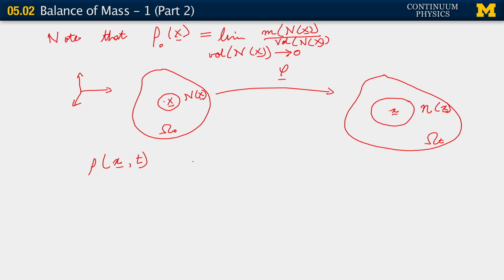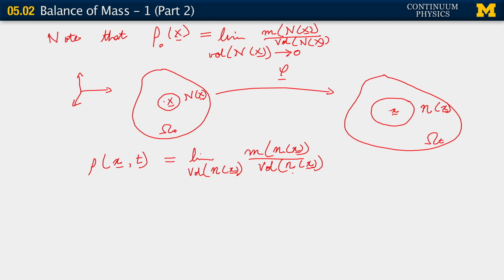This now, using the same idea of the limit process, is just the limit of the volume of the neighborhood script little n of little x going to 0 of the mass of that neighborhood of little x divided by the volume. Sorry, the neighborhood is not a vector or tensor.